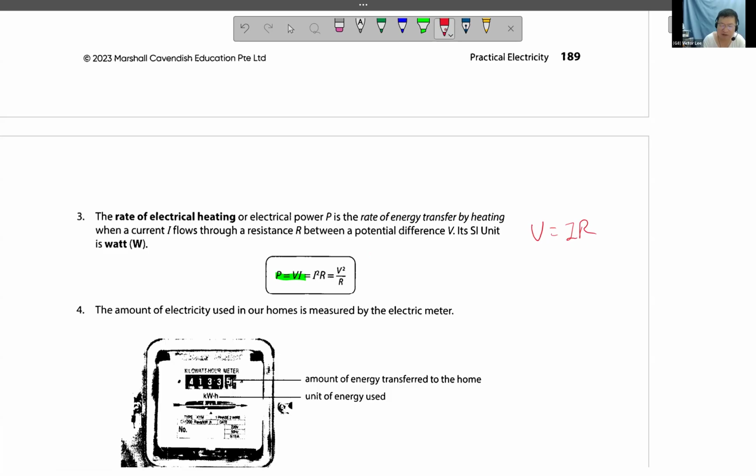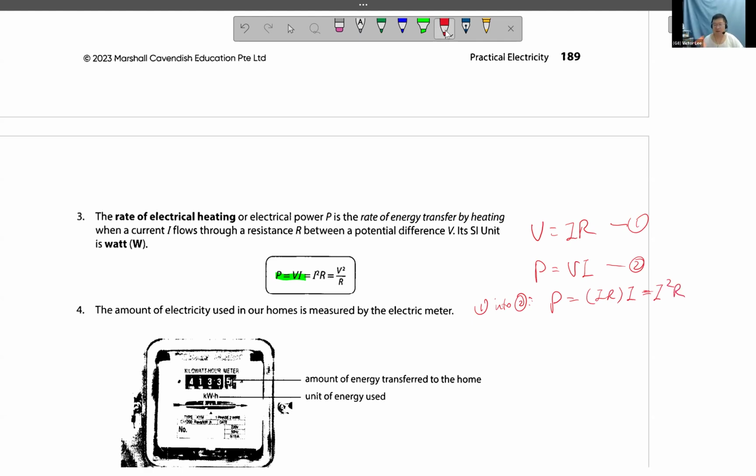Remember this one we learned before in the last chapter, V equals IR. And if power equals VI, then I can substitute the V in here. Substitute 1 into 2. You have P equals IR times I, equals I squared R.